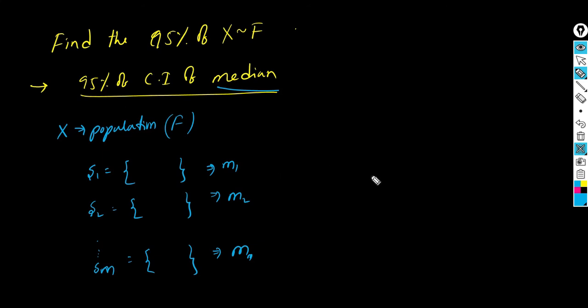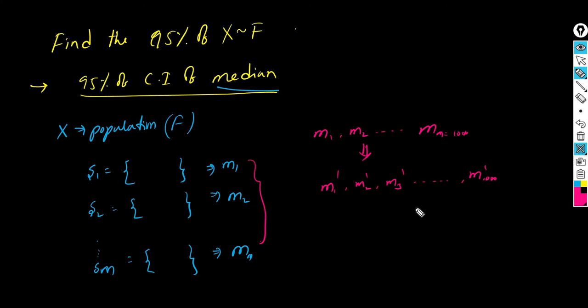Now these are the medians of the subset values, M1, M2, Mm. Now we will sort these values. Suppose m is 1000, we get M1 dash, M2 dash, M3 dash, up to M1000 dash.